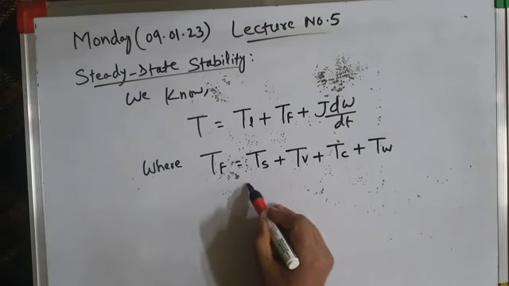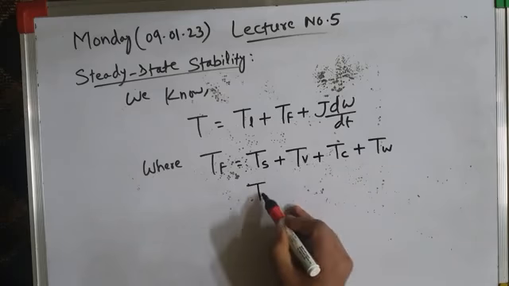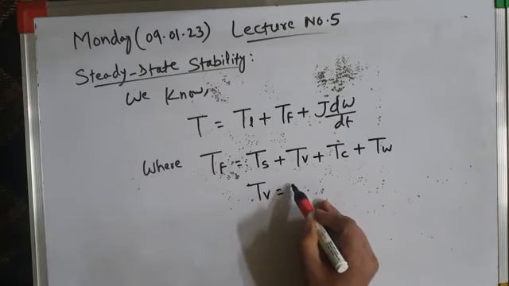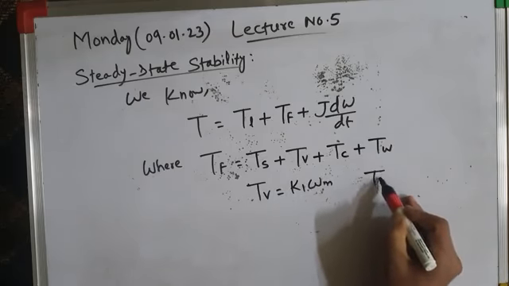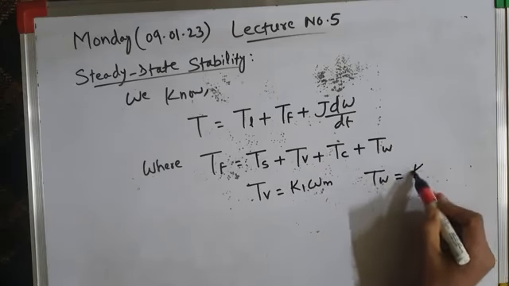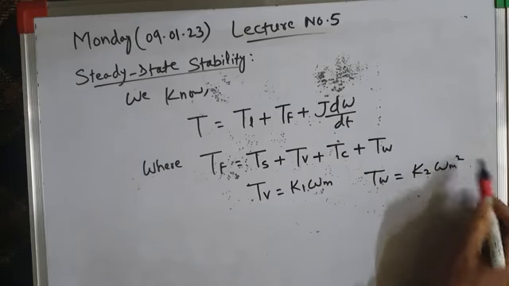As far as this viscous friction torque TV is concerned, it is K1 into omega m, and as far as this windage friction torque is concerned, it is K2 into omega m square.